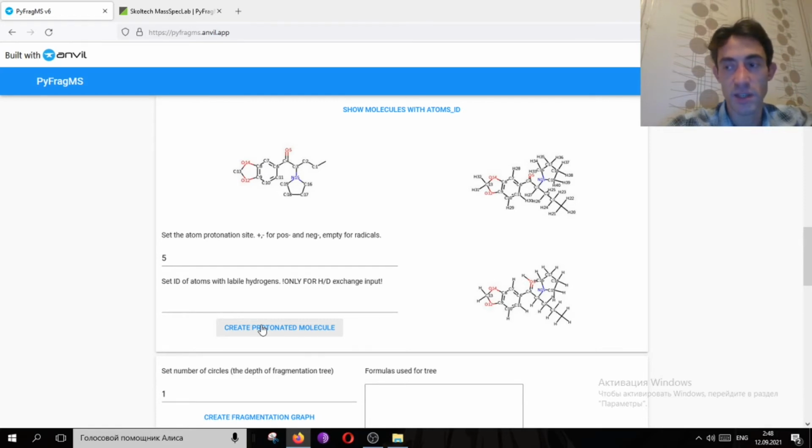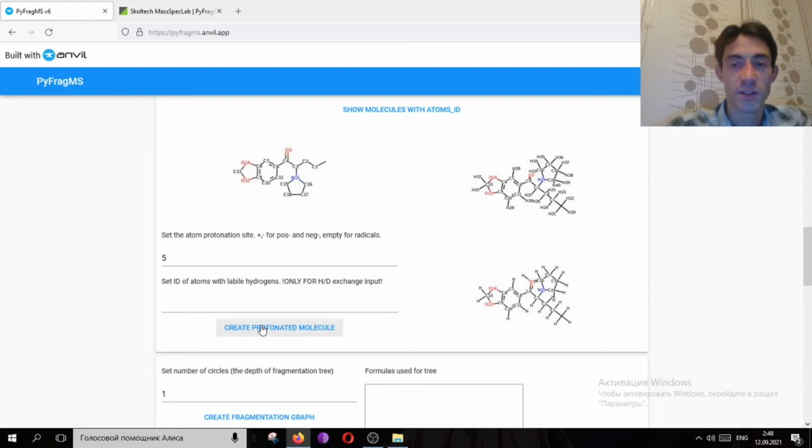We are fragmenting them simultaneously, and we observe an integral spectrum produced by fragmentation of all possible protomers.